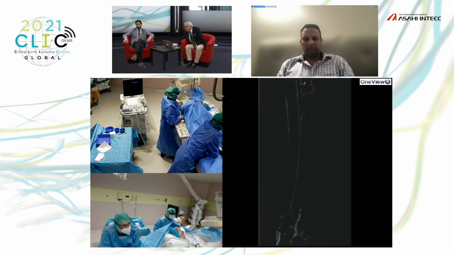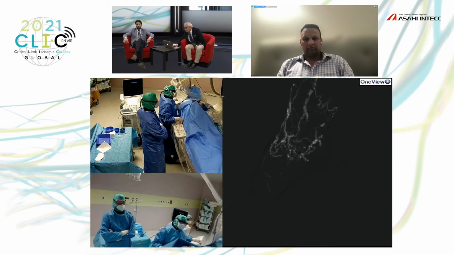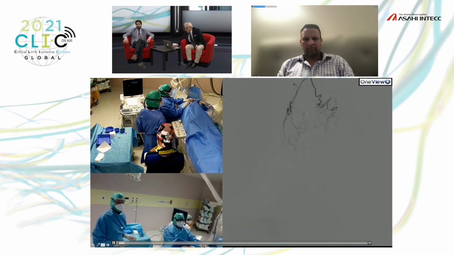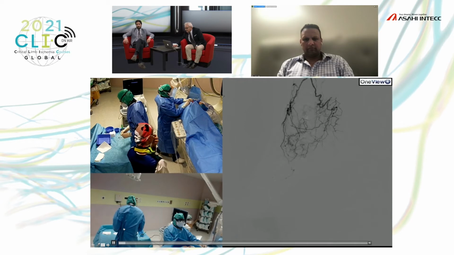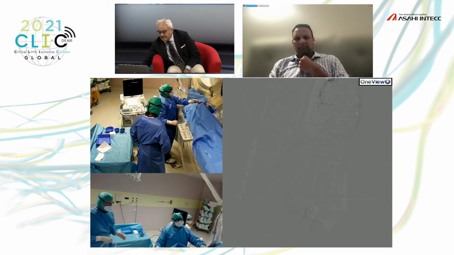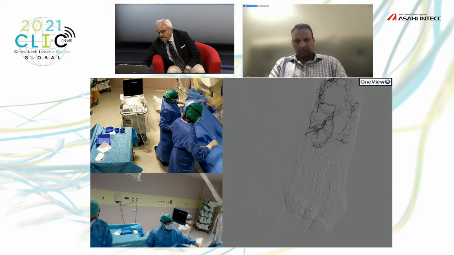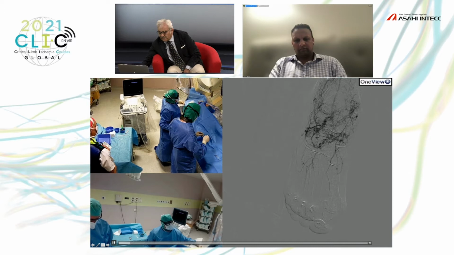You can see here the CO2 angio. There is a huge occlusion in the distal SFA popliteal tract and a very bad condition in the foot with the presence of some arteriovenous fistula.